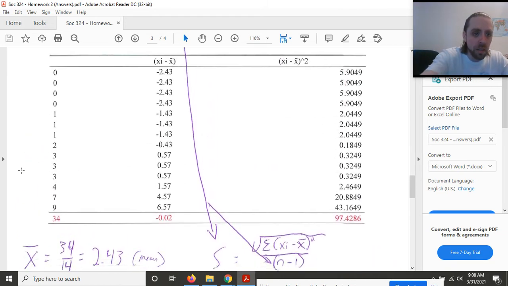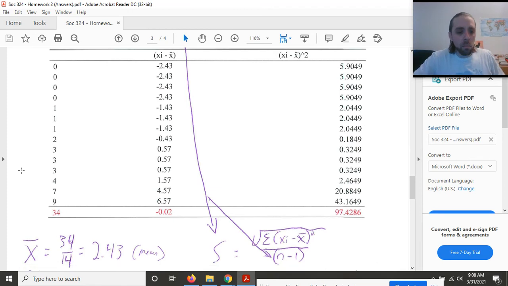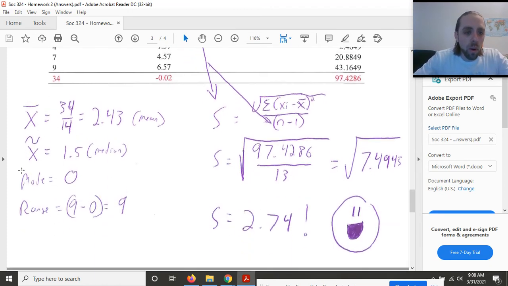So if I look at my table here, 0 plus 0 plus 0 plus 0 plus 0 plus 1 plus 1 plus 1, so on and so forth, get to the 14th data point. That gets to 34. I then divided that by 14, and I have a mean of 2.43. Or, put another way, the average number of times eating out last week in this sample is 2.43.